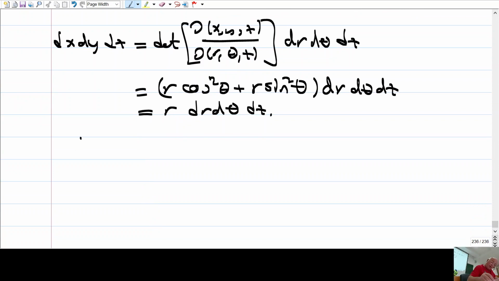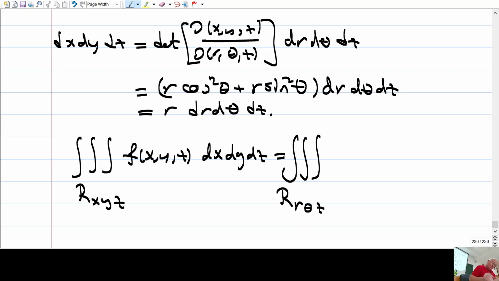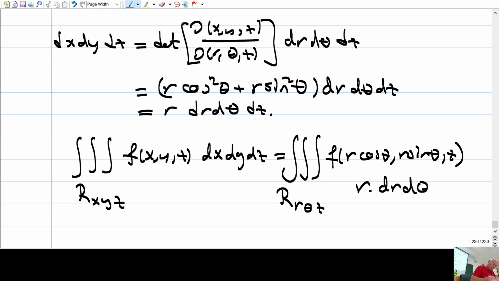So if you have a region in xyz space and some function of x, y, z, and then here you have dx dy dz, then this is transferred into an r theta z region, and here you have to write x, y, z in terms of r cos theta, r sine theta, z, and then instead of dx dy dz you write r times dr d theta dz.